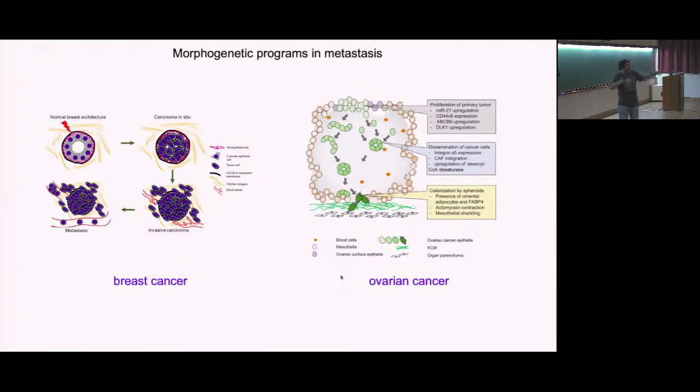Why? Because like all the other organs I described, the ovary is also present at the edge of this cavity. If you imagine this to be the boundary of the ovary and the peritoneal cavity, cancer cells from the ovary start getting shed into this fluid-filled cavity.